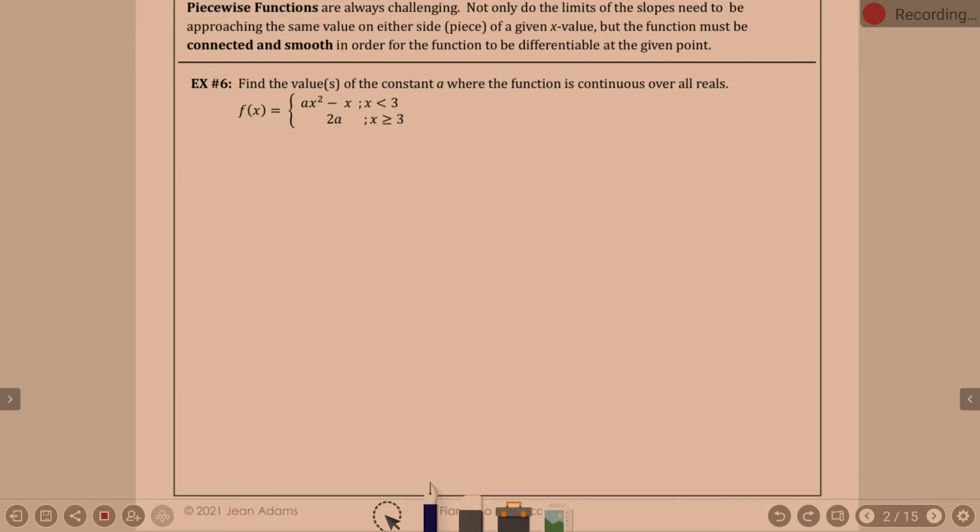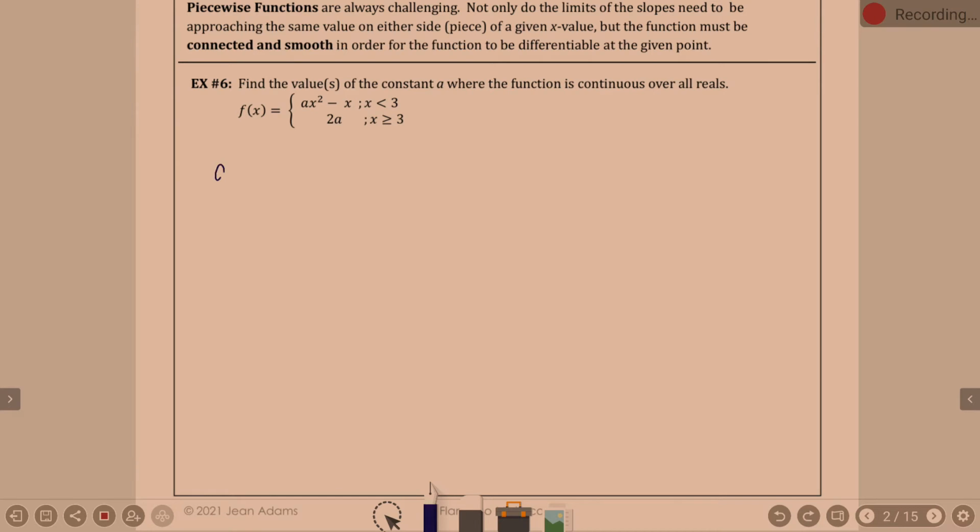You set the two equal. In terms of x squared minus x equals 2. Okay. Yeah, so set them equal to each other because here's the deal. And set them equal to each other at what value? At x equals 3, right?